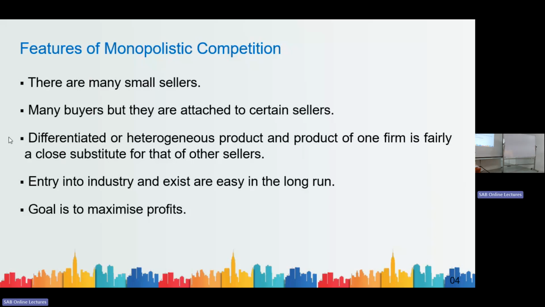TV channels do not belong here. TV channels are oligopoly. There are few, not many. What else? Salons. As I mentioned to you in the morning, the clothing stores. They are some examples of monopolistically competitive industries.